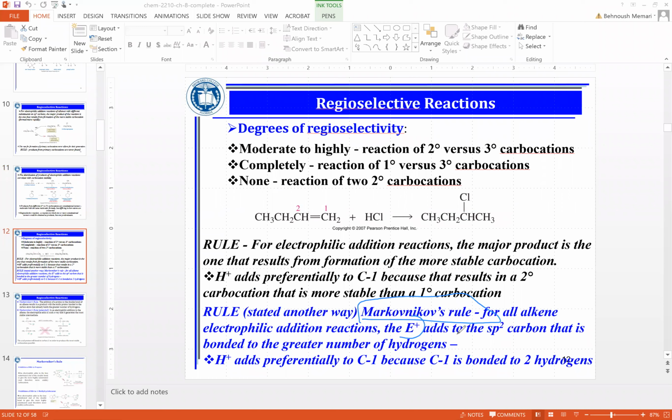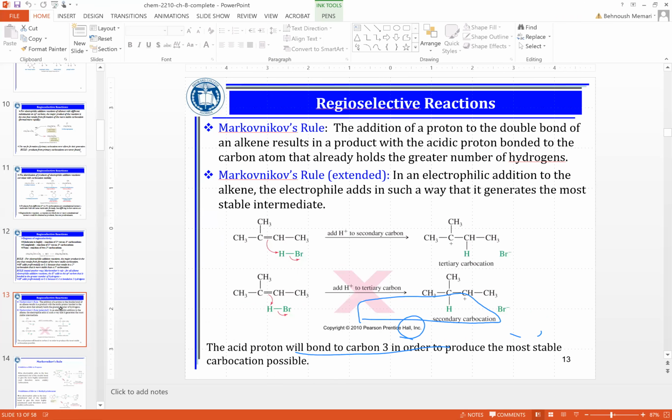The electrophile would add to the carbon that is bonded to the greater number of hydrogens, and the nucleophile is going to bond to the carbon that has the least number of hydrogens. Questions?